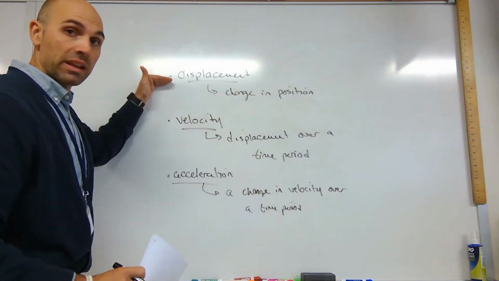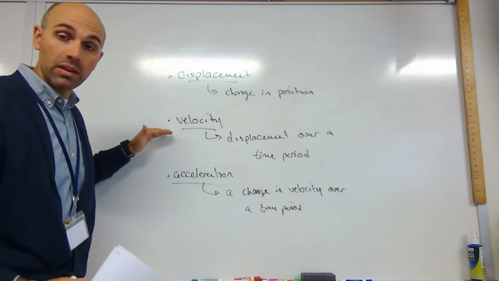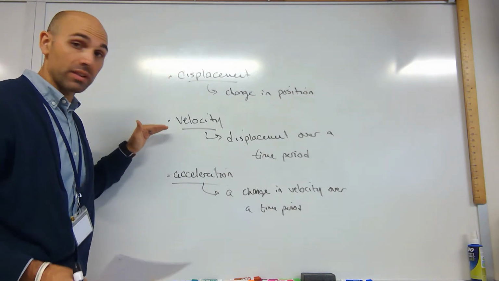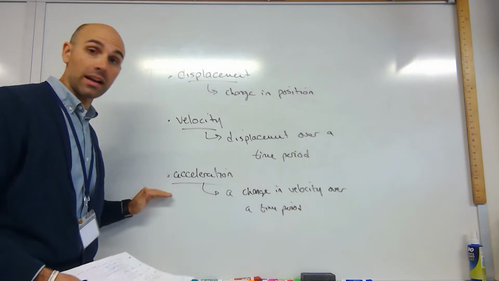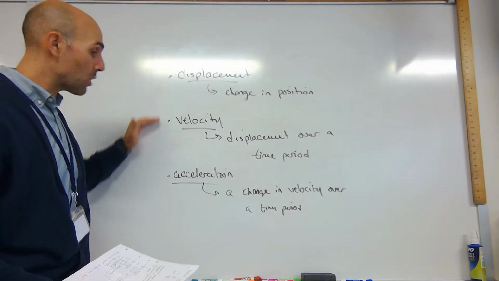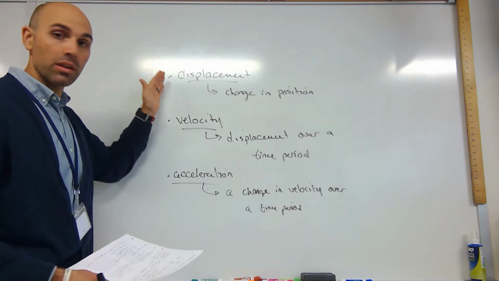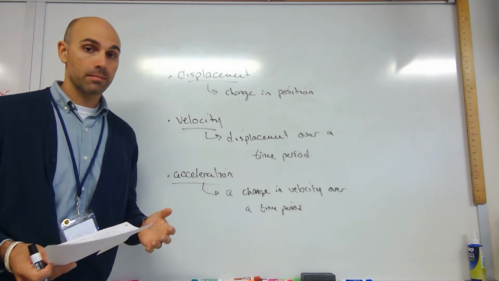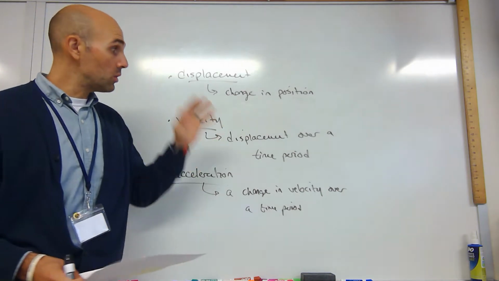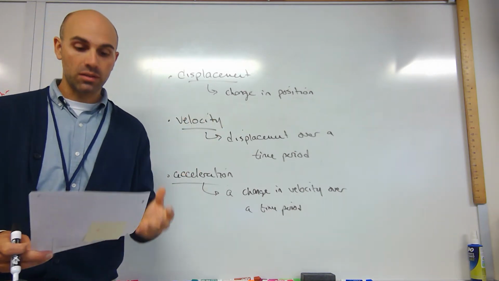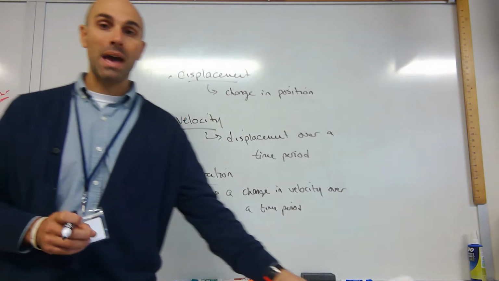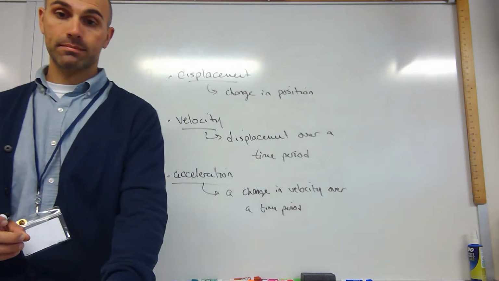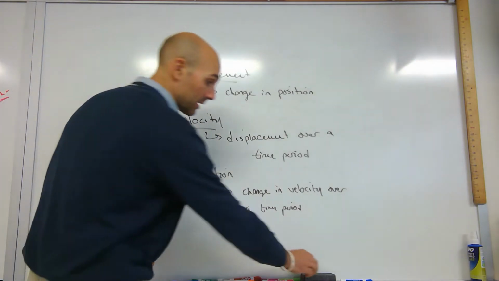We can go from displacement and use displacement to find velocity. We can go from velocity and use velocity to find acceleration. We have this motion right through. And remember, they're all vectors. They all have magnitude and direction. Okay? We can use these three to determine the kinematic equations.